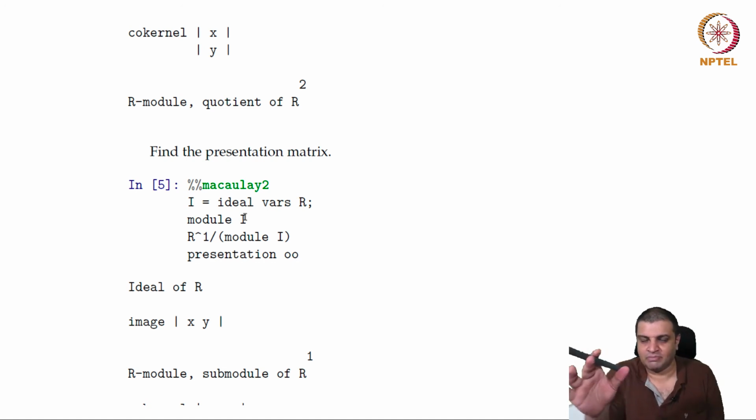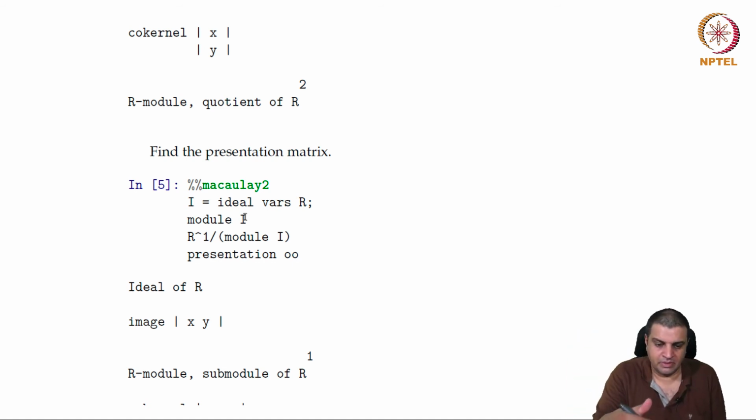Then we write R^1 mod module of I. This is still R mod I, but now thought of as a module and not a quotient ring, and we ask for its presentation matrix. Here the ideal I was the ideal generated by the variables of R, so it is the maximal ideal in this case, and here we get R^1 modulo a submodule of R^1.